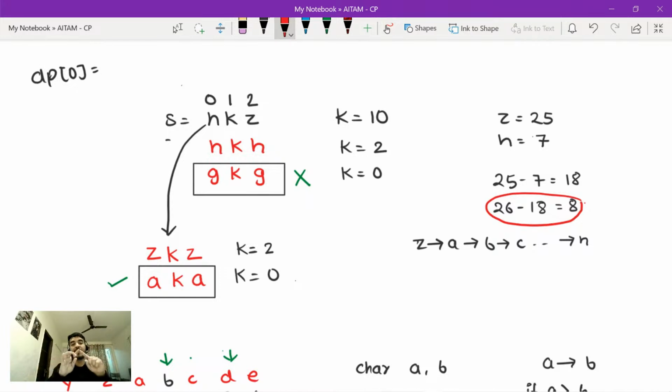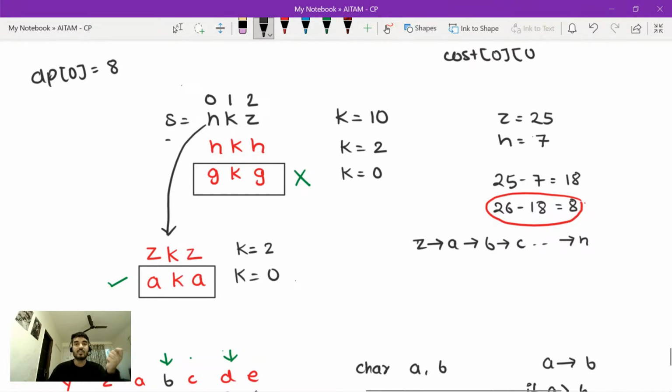At this point of time, I'm not changing any character, neither H nor Z. I'm just finding the minimum shift required to make both characters equal. So this is simply 8. Cool. I also have computed the cost of 0, a, character a.